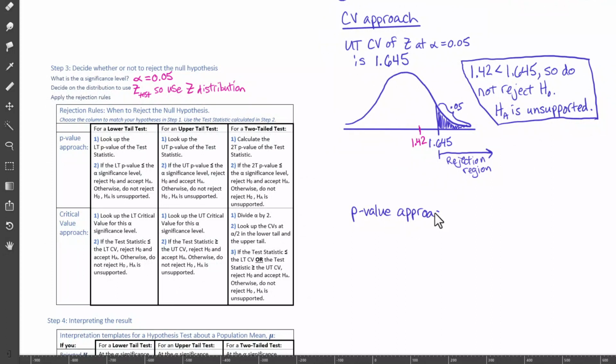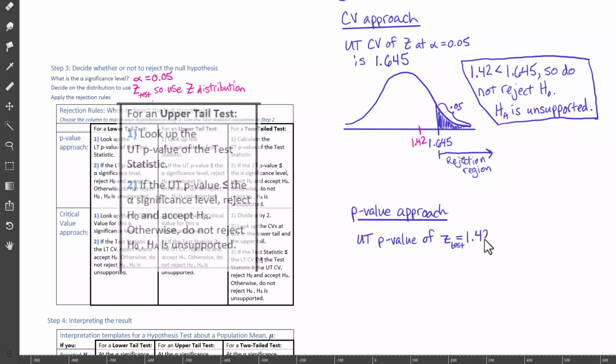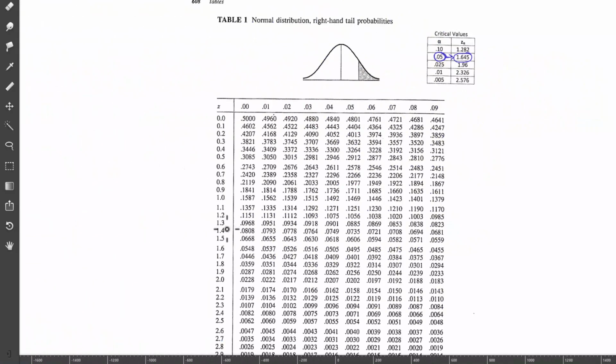So the p-value approach rules for an upper tail test, of which this is one, are given here. It says, look up the upper tail p-value of the test statistic. Now the test statistic in this case is z-test, which was 1.42. P-values for z-test statistics are on the z-table.